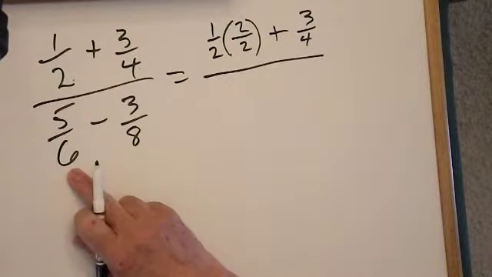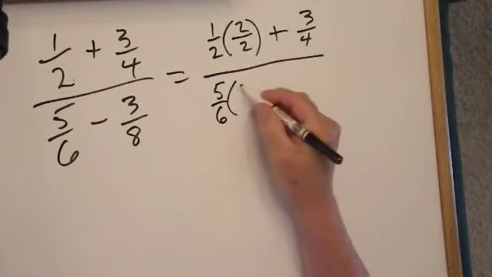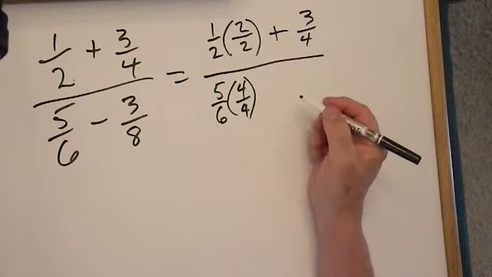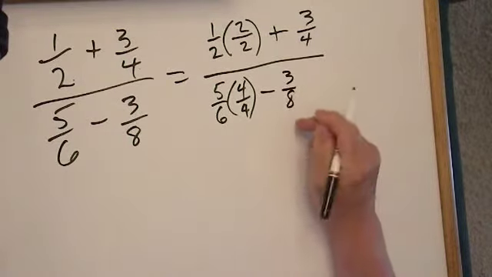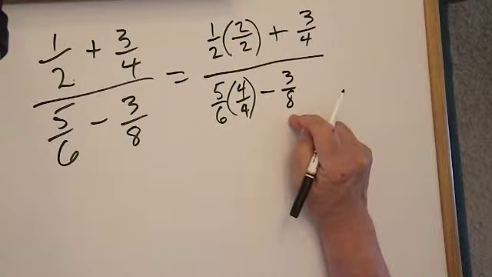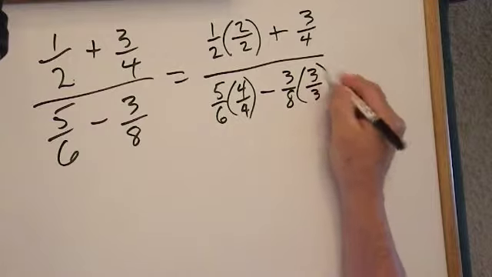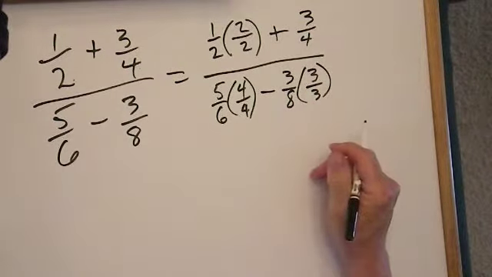What do we have to multiply 6 by in order to get 24? Well, it's 4. So we're going to take that 5/6, multiply it by 4/4, which is 1, but that's going to give us a denominator of 24. And over here, we've got 3/8. 8 has to be multiplied by 3 to get 24, so we're going to multiply this part by 3/3. Again, it's a 1, but when we multiply, that'll become a 24.